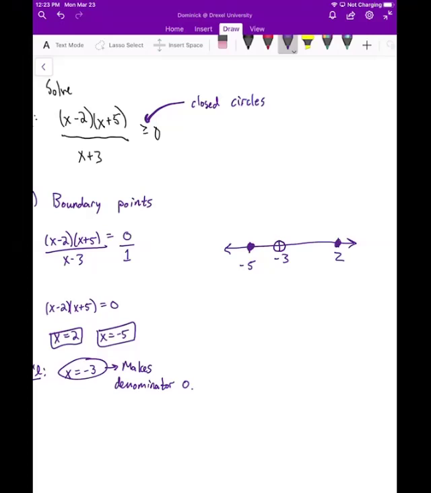All right. So now for some test values, we could use, for example, -6. We could use -4. And we could use 0. And we could use 3.